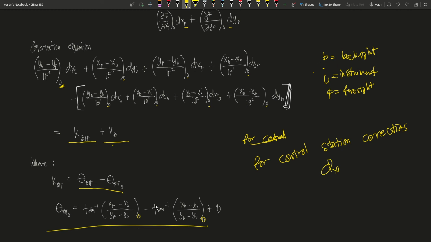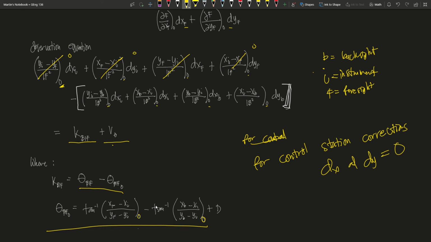For station R, it is a known position and the instrument, so we can make this 0. So we just simplify the equation, and only the backsight station is left. But if, for example, all of your backsight, foresight, and instrument are unknown, then we use the full observation equation. Okay? Hope that is clear.